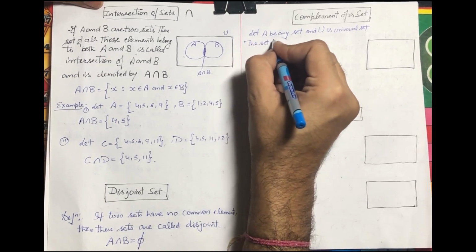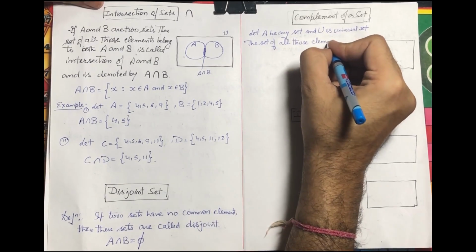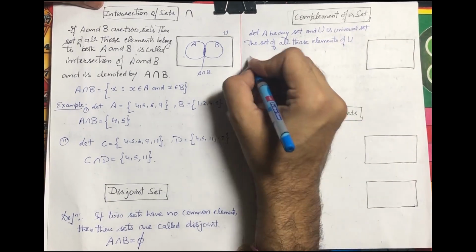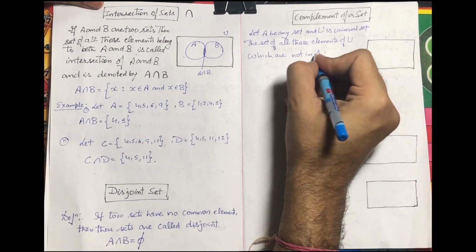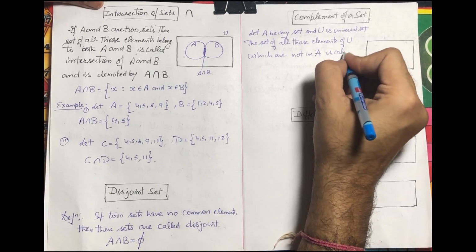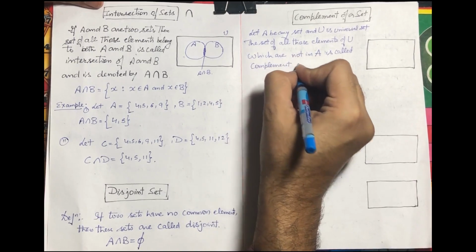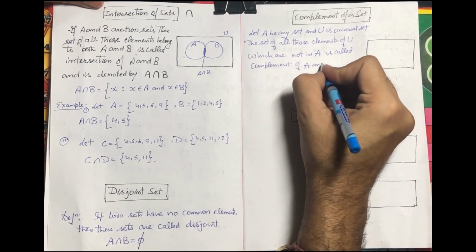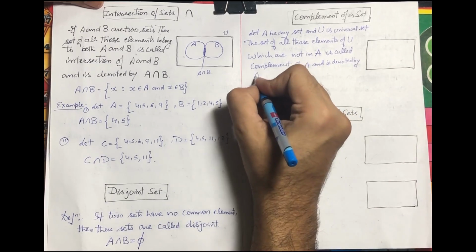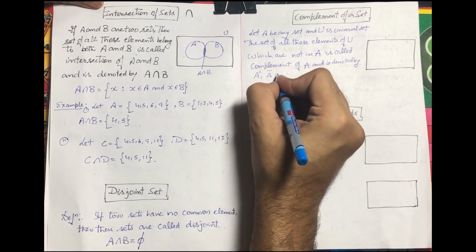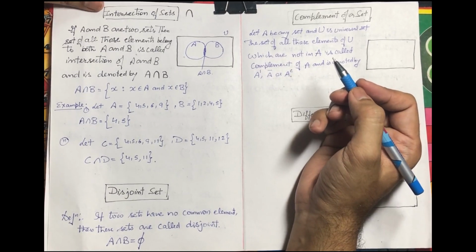The set of all those elements of U which are not in A is called complement of A and is denoted by either A dash or A bar or A power C. All these are the representation of complement of a set.